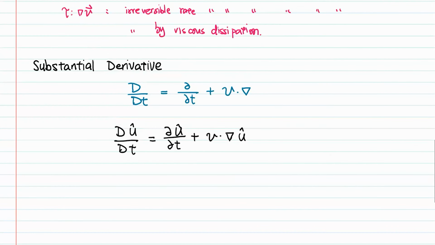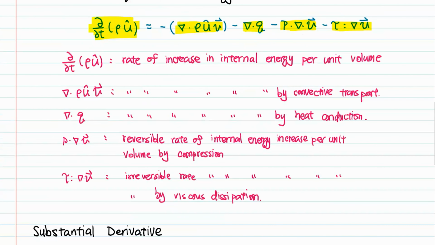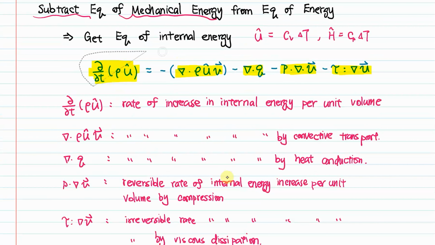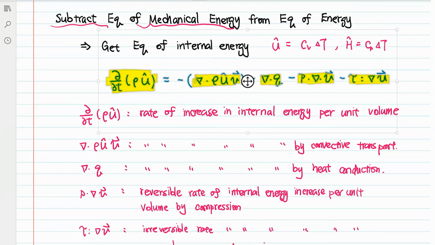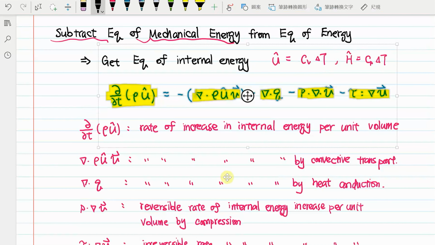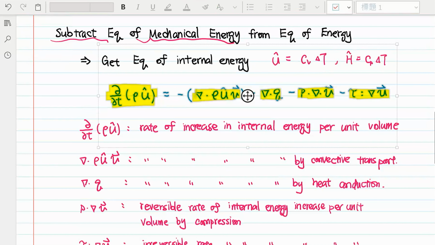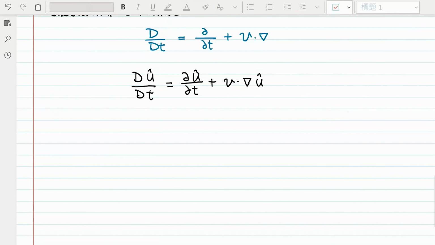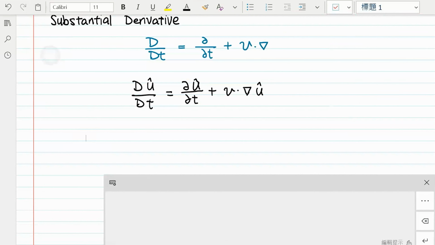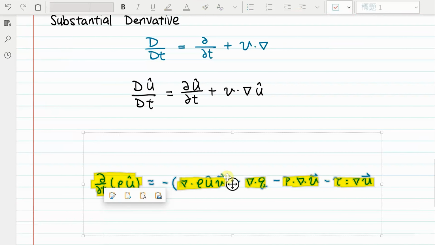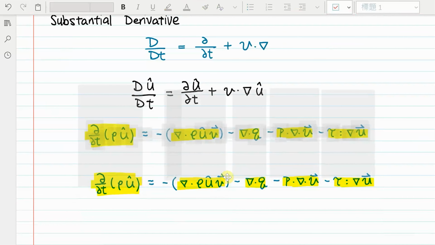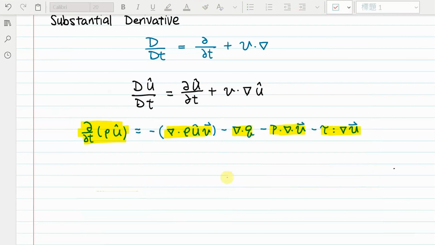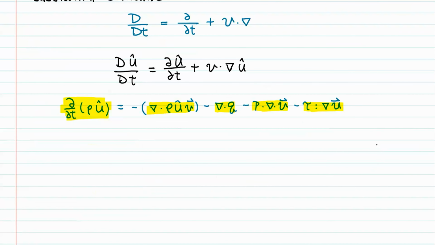Again, if we look at our equation of internal energy, let's copy it and paste it down here. So how are we going to use the idea of the substantial derivative here? Let's do this step by step.